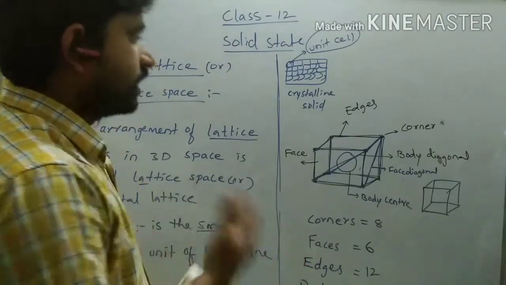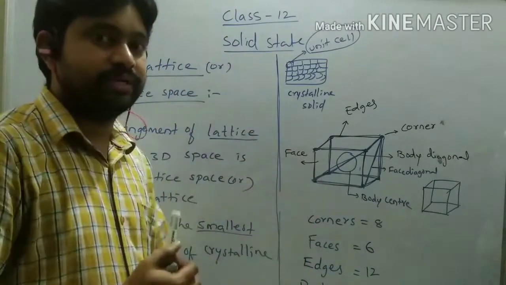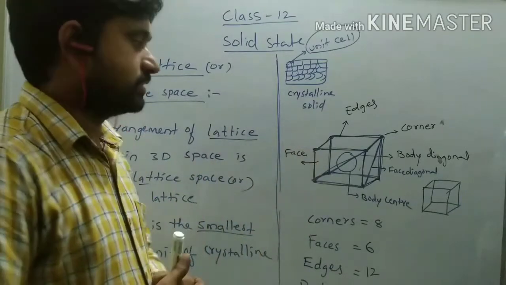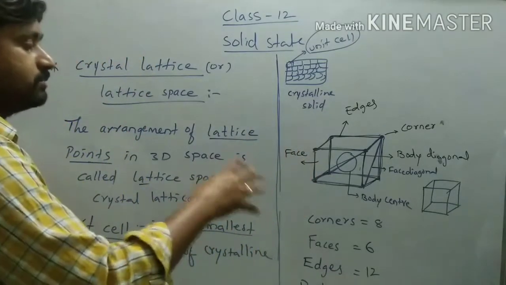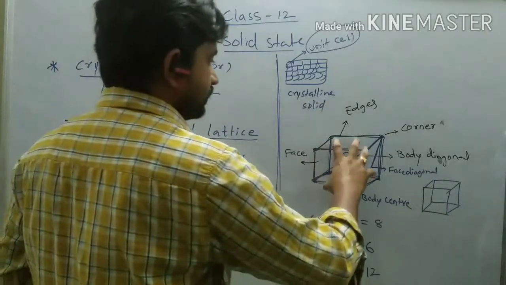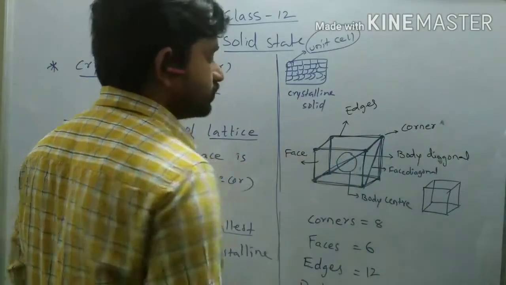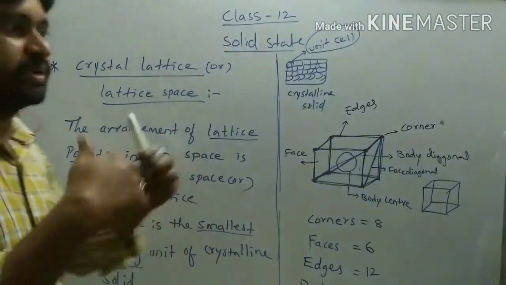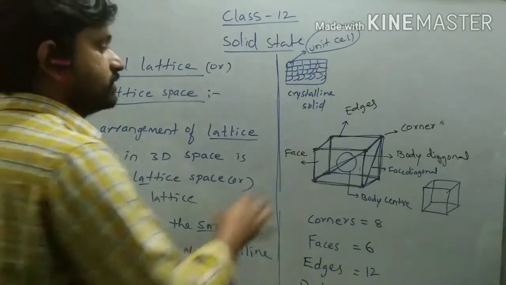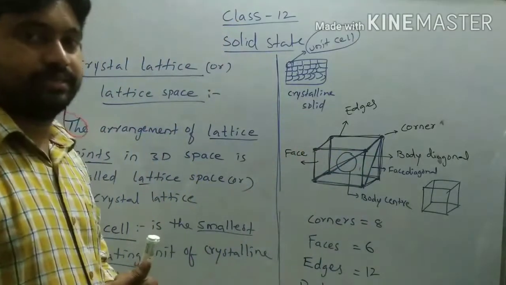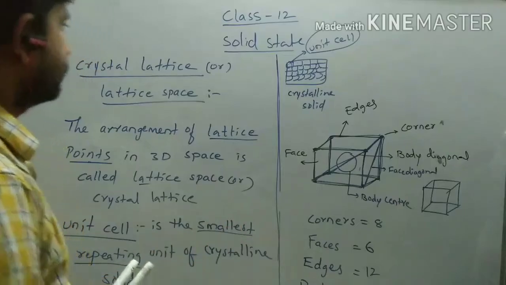Then how to calculate how many atoms are occupied in this unit cell? How much percentage is occupied by atoms in this unit cell? That we will discuss next.